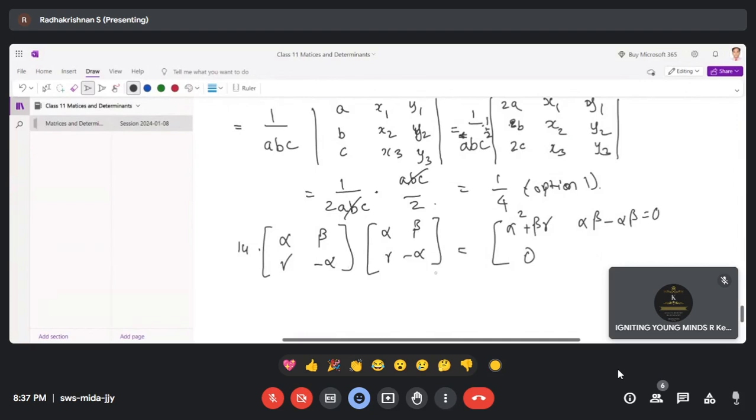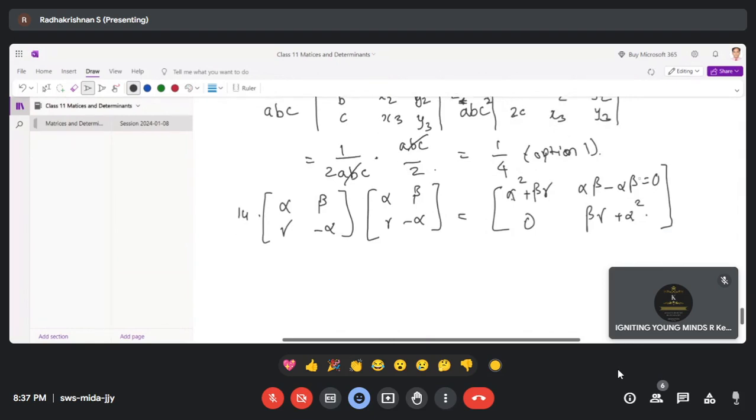Alpha beta plus beta gamma plus alpha square. So this is what you get. You see these two are equal, alpha square plus beta gamma, and the other two are 0.